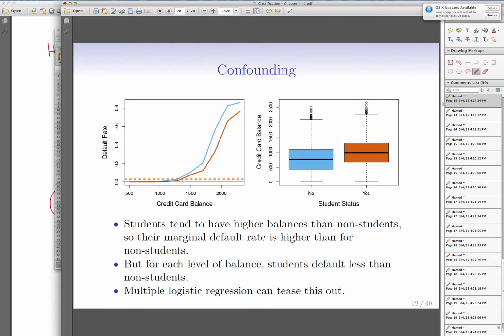The problem is, if you just look at the default rate and credit card balance, the first thing you observe is that students tend to have higher credit card balance. So for each level of balance, students default less than non-students.